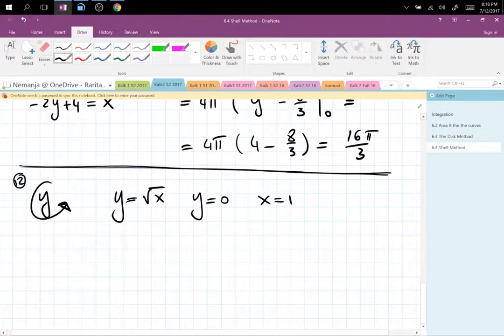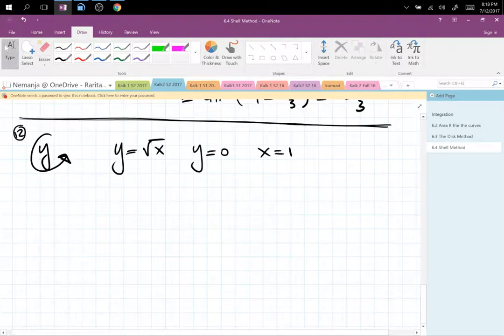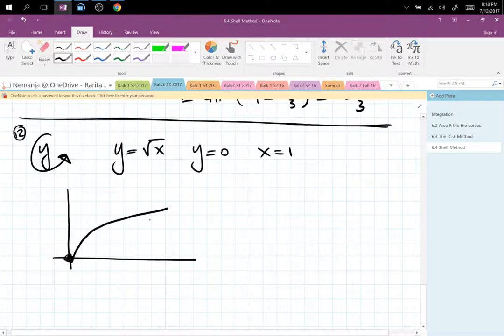We always draw first. So we see the region and we know how to set it up. And I'm going to use the rectangle, guys. So let's draw this. Here's the square root. Rotation is on y. And then I have y equals 0, which is the x-axis, and x equals 1.